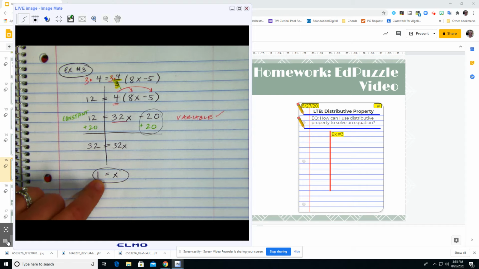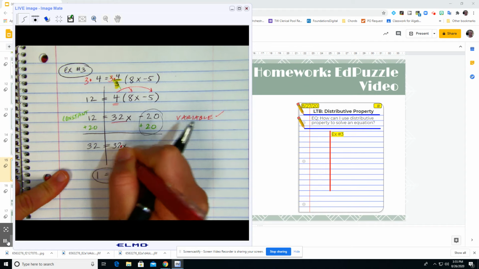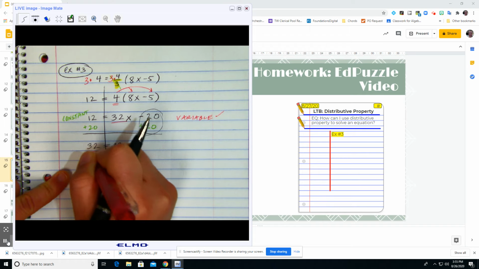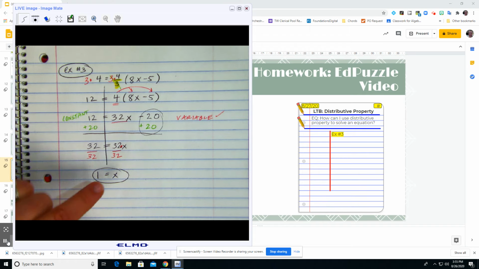So you could do that, or if you weren't sure, go ahead and undo the multiplication by dividing. So to undo 32, I need to divide by a positive 32, because a positive divided by a positive is a positive 1x, a positive x. And 32 divided by 32 is 1, so our final answer is 1.